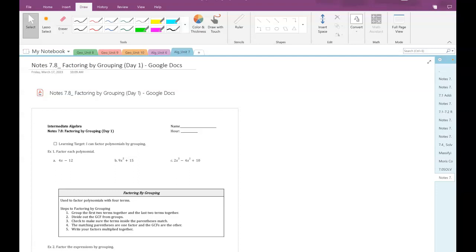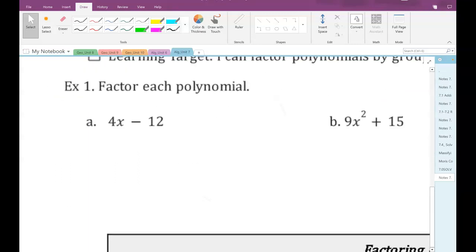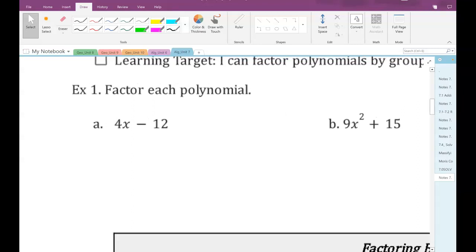To lead into that, though, we're just going to do a short bit of review of factoring, even though I know we were just tested on factoring yesterday, just so we're all on the same page. If I was to give you 4x minus 12, this polynomial, and I asked you to factor it, what you have to do is find the greatest common factor between these two terms, 4x and 12, which would be 4.